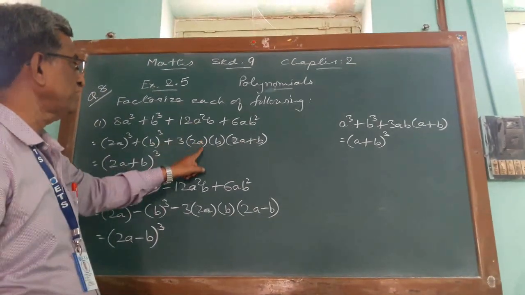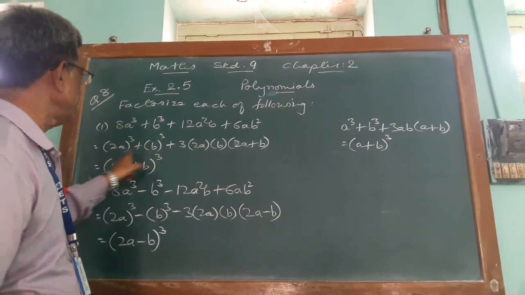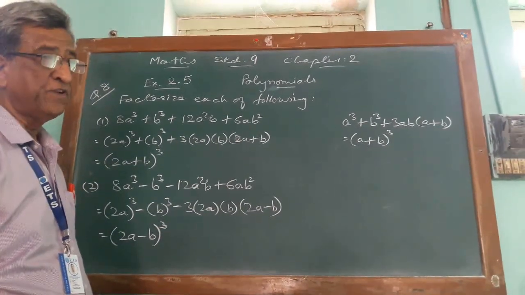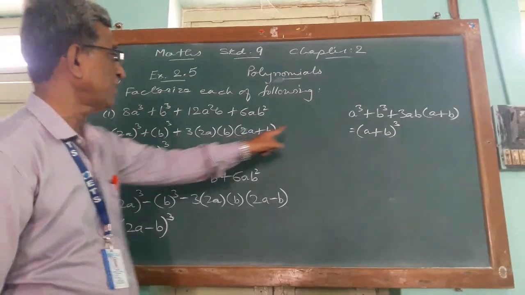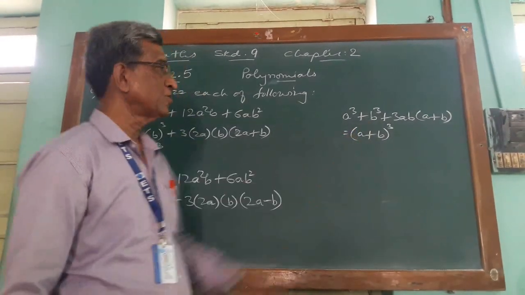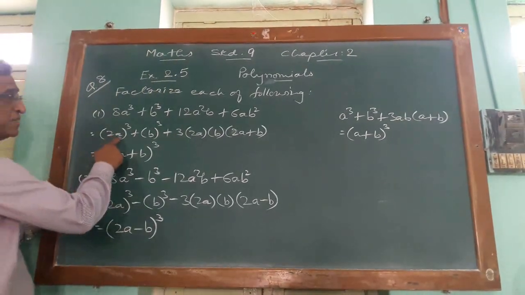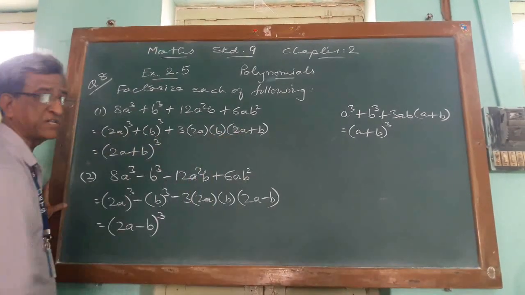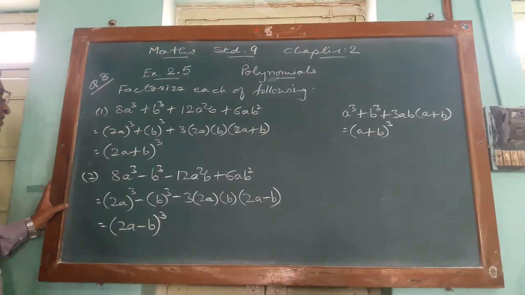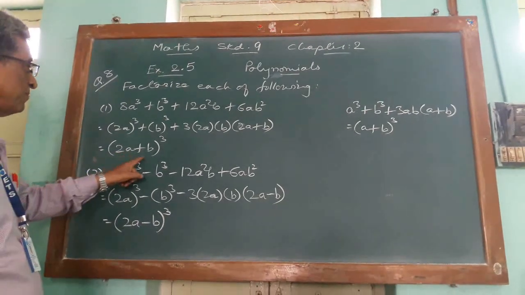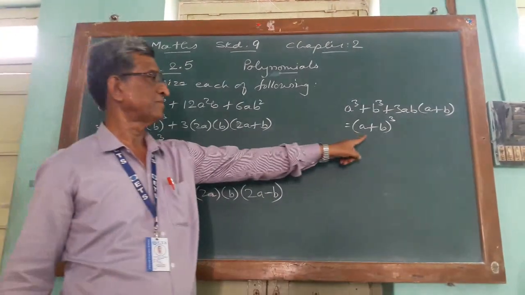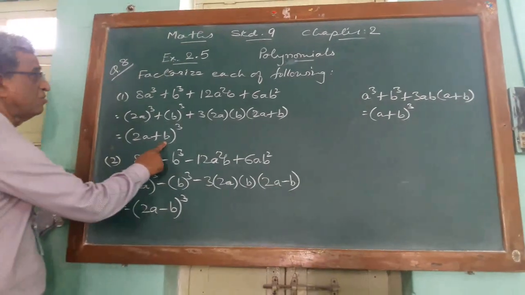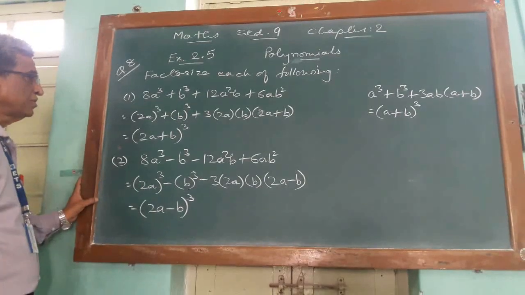We have to bring it in the form of this formula, a cube plus b cube plus 3ab into a plus b. So it can be written as a plus b whole cube. So here you will get 2a plus b whole cube. So this is the answer.